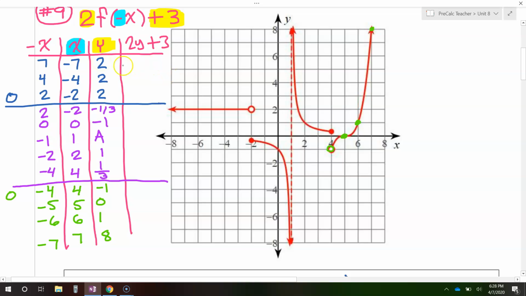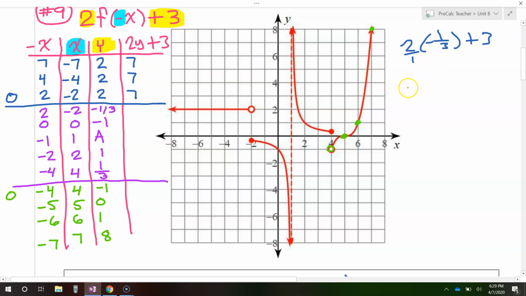So 2 times 2 is 4, plus 3 is 7. So these are all the same. So these will all be 2, 7. Okay, now this is a little bit ugly. So I need to do 2 times negative 1/3 plus 3. All right, so it's a little bit of a pain. So remember, this is 2 over 1.